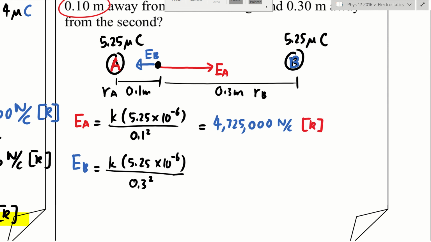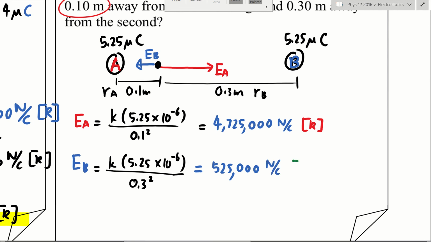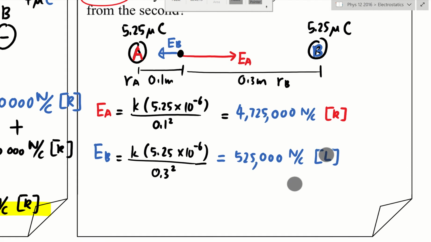And then the next one is 525,000. You see, this one is a lot weaker. It's 9 times weaker. This one goes to the left. So this is the blue one that goes to the left. The electric field going to the right is 4.7 million. The electric field going to the left is only 500,000.